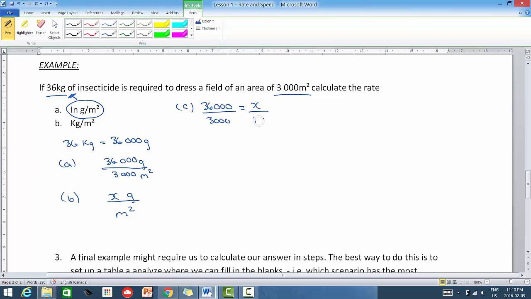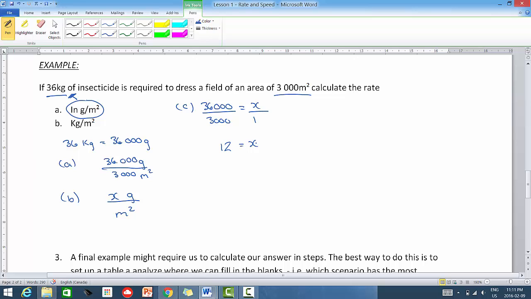To get rid of that 1, multiply by 1. The only reason I do this is just in case you run into a question where this isn't 1, say it's a 7, you'd have to multiply by 7 on this side and 7 on this side to get rid of it. It really doesn't change anything over here, so all we're really doing is 36,000 divided by 3,000. So our answer ends up being 12.